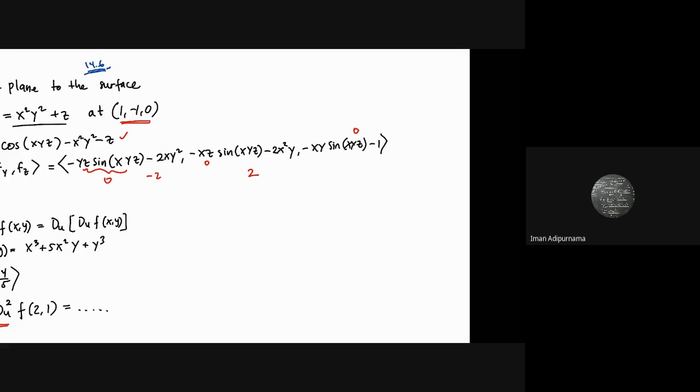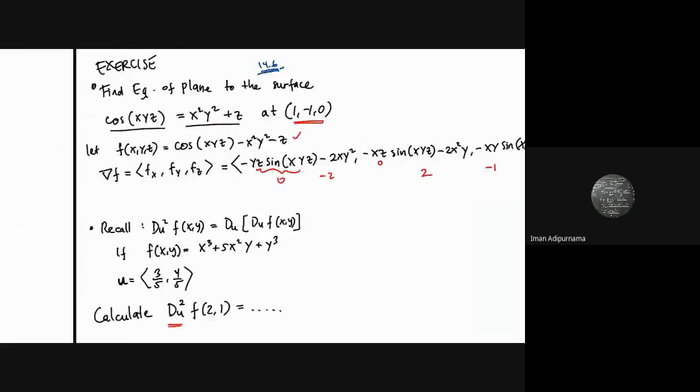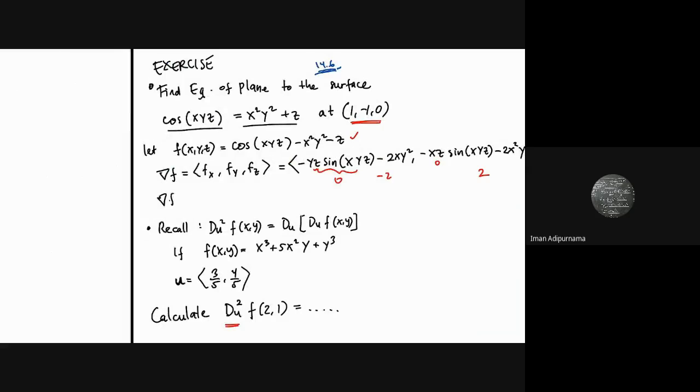Here is 0 for z, and we have negative 1. So this is our point, right? So we can write the gradient vector for the point 1, -1, 0 will be -2, 2, and sorry, -1.